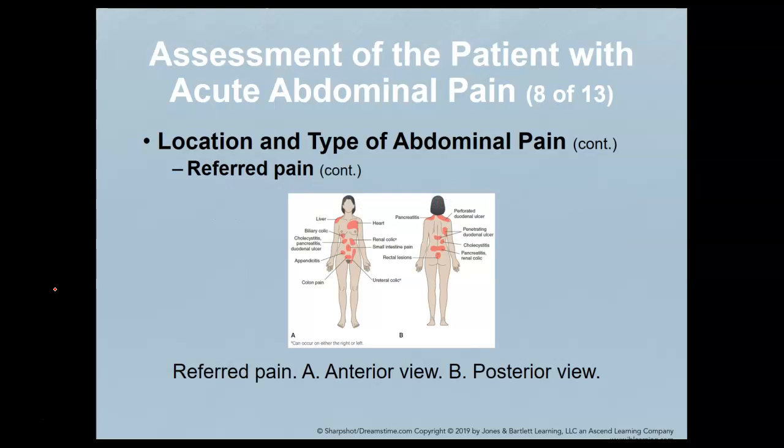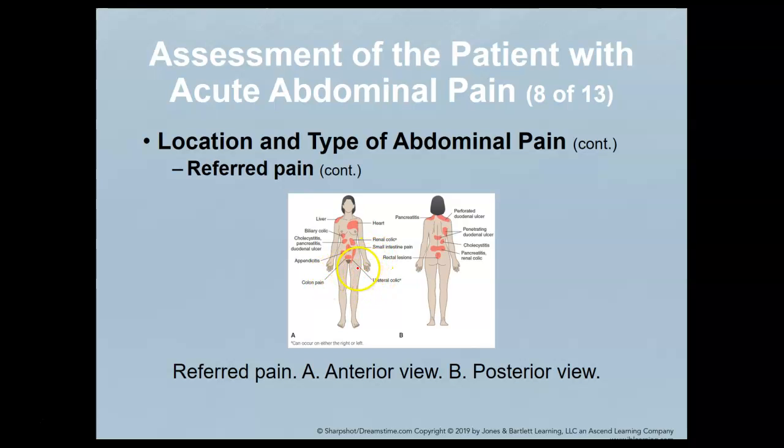Biliary colic is under the breast. Cholecystitis, pancreatitis, and duodenal ulcers are on the liver side of the body. Renal colic can be just in your stomach area. Small intestine pain can be around the umbilicus. Appendicitis, this is called McBurney's point, is just off from your umbilicus. And you'll see that you can have ureteral colic, which follows the ureter there.